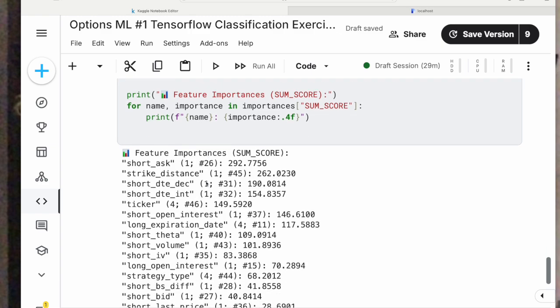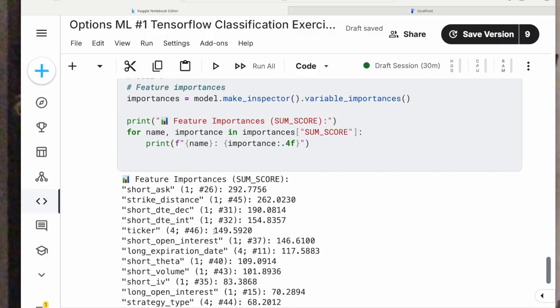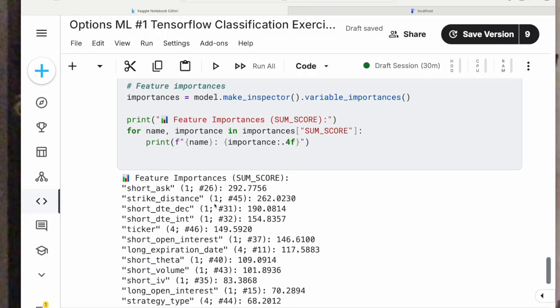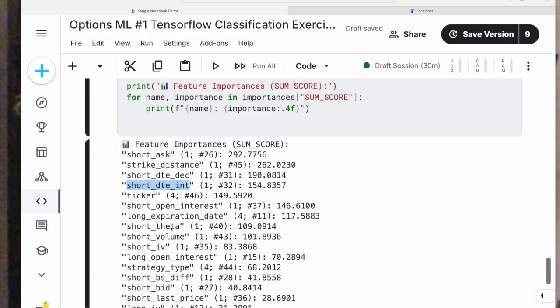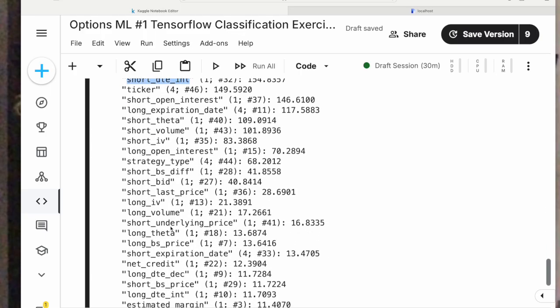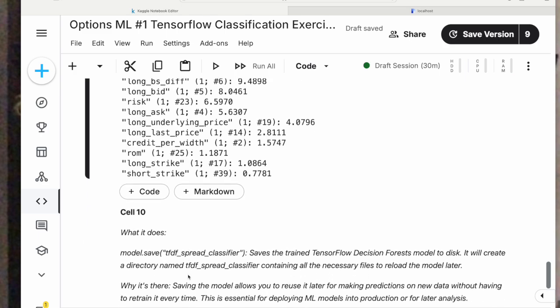So it tells us what the most important features are in determining how to adjudicate the disposition of the items that we're classifying here. Short ask is important. Strike distance is important. We have decimal days to expiration, and we have decimal integer expiration. And these ultimately come out of the database tables in AlphaSeeker. So AlphaSeeker needs a lot of work itself.